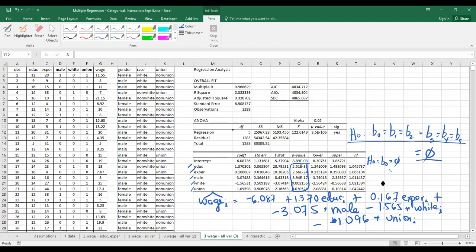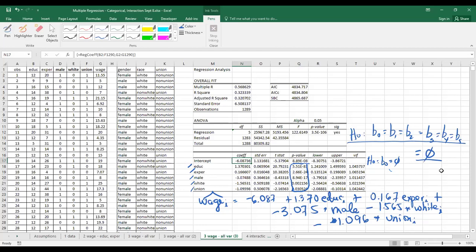Isa-isa sila. Okay, so let's interpret this. What is the meaning of negative 6.08? Anyone? Ano ibig sabihin ng negative 6.08, guys?